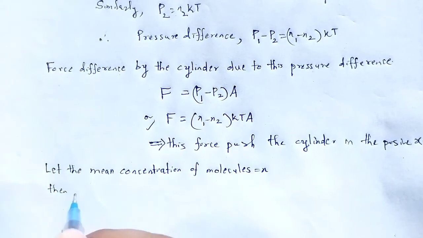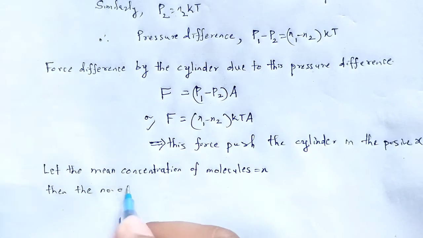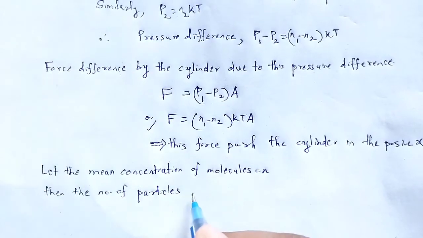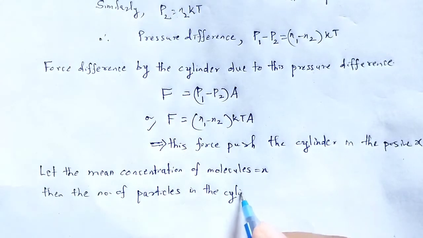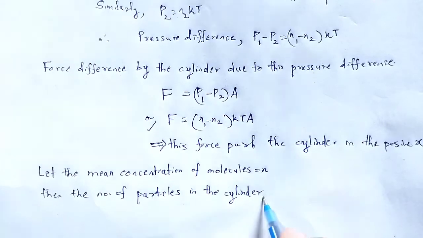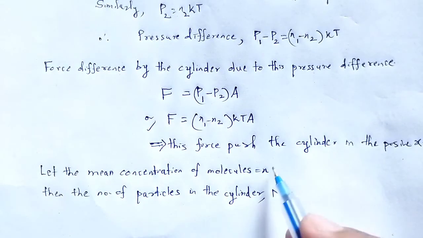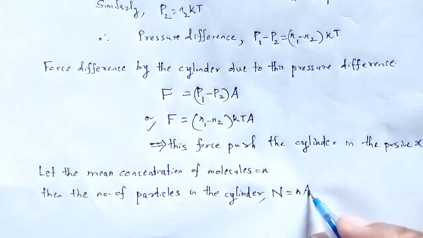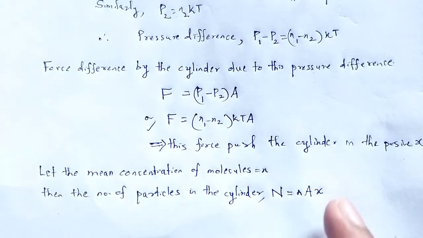Then the total number of particles in the cylinder, capital N, is the mean concentration n times the cross-sectional area A times the displacement x. N is equal to small n A x.